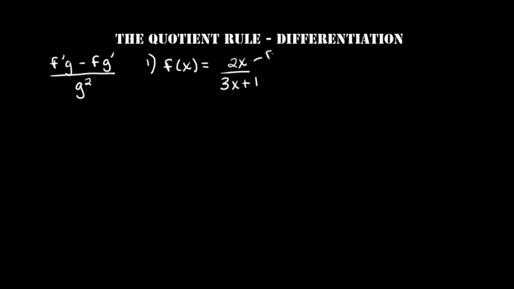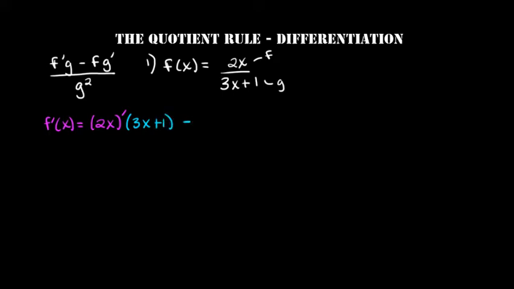So I'm going to say this top portion is going to be f and this bottom portion is going to be my g. Okay, so for the first portion, we're just going to simply plug in what we have. So we have f prime of x. Okay, so we have f first, so 2x prime times g, which is 3x plus 1.